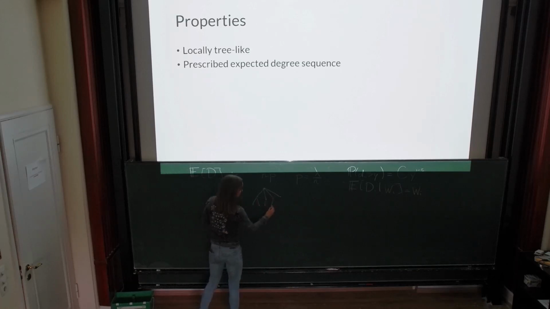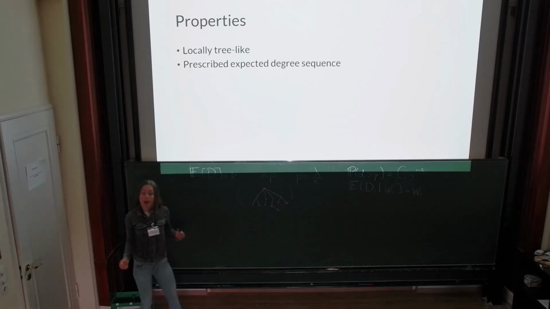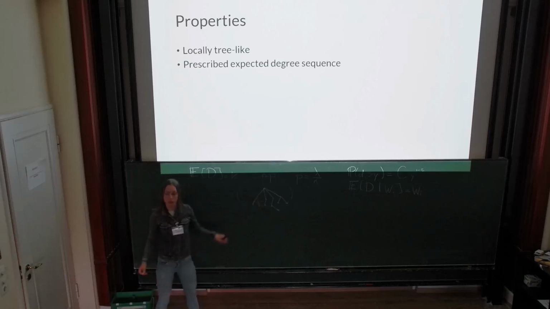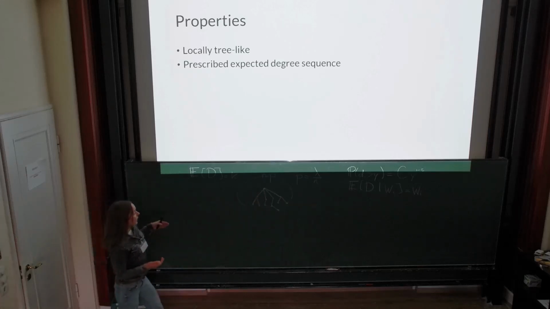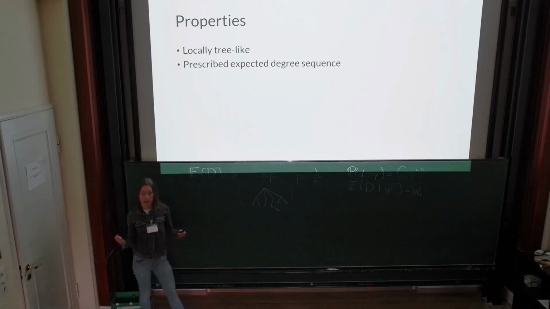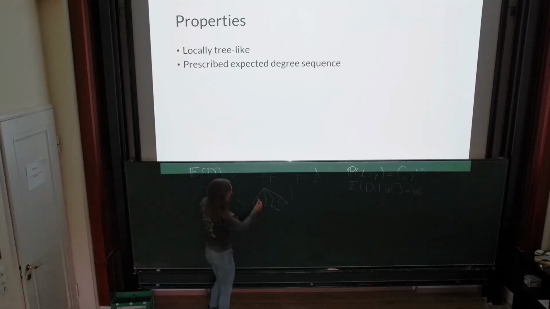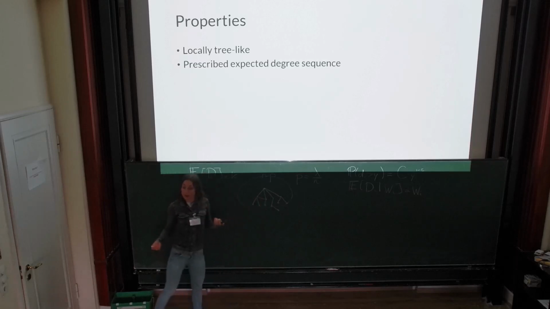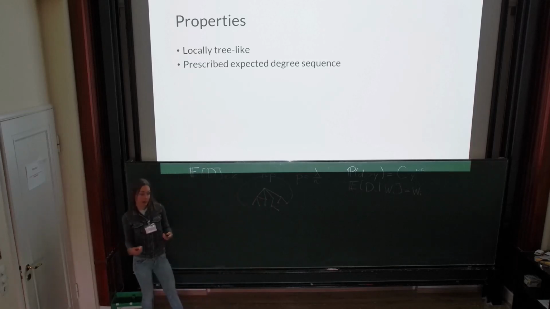And the children of this vertex, and maybe like this, that means that actually in the first few layers, you're very unlikely, when the network grows large, to encounter any loops. So no triangles, no loops of size 4. So asymptotically, when the network is very large, this model will be sort of like a tree. There will be some triangles, because of course it may happen that these connect, but this actually happens with a rather small probability.